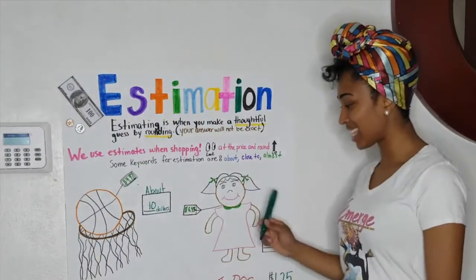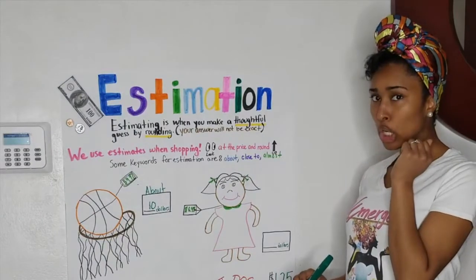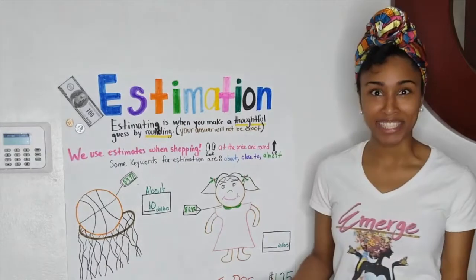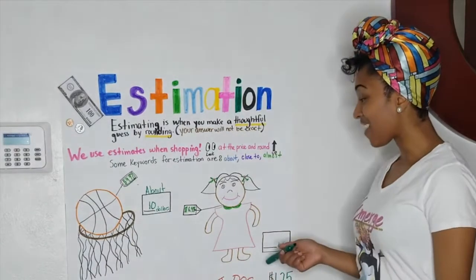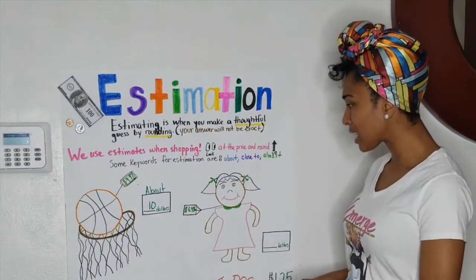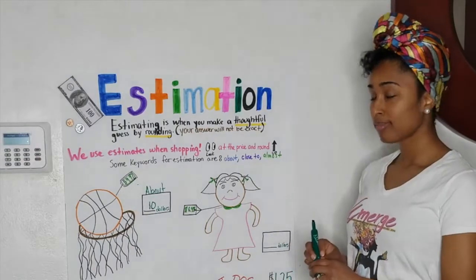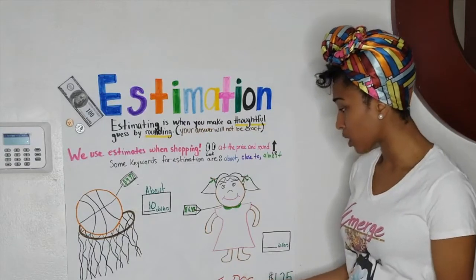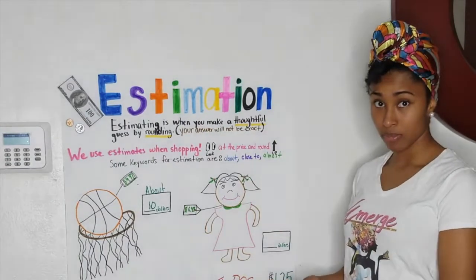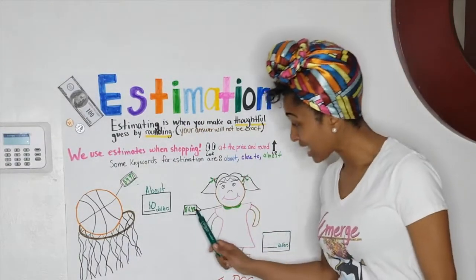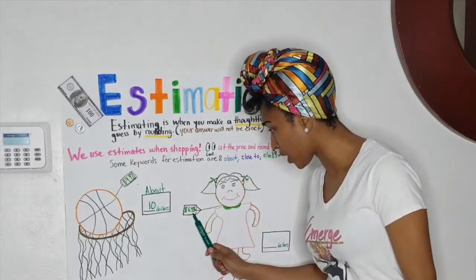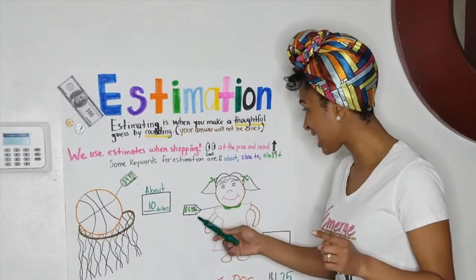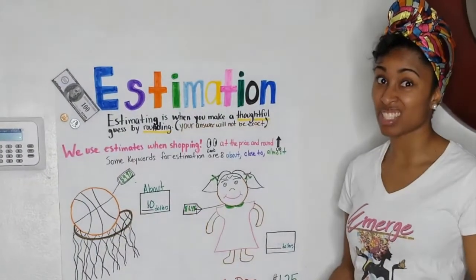Okay, now let's look at this one. What girl would want this little dolly here? What about Chloe? Hey, Chloe. Now, Chloe wants to buy this doll. About how many dollars would Chloe need to purchase this? Let's look at the price. I see $6.44. Now remember, when we're estimating, we look at the price and we round up to the nearest dollar.